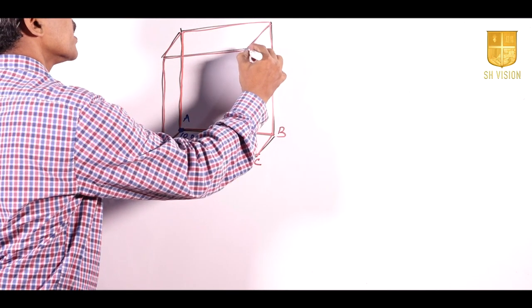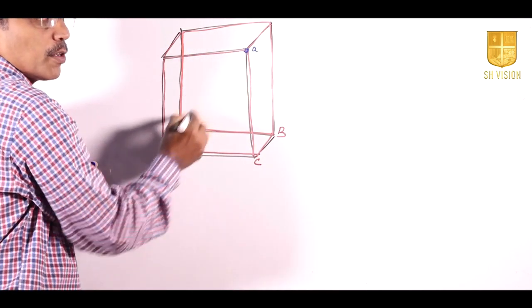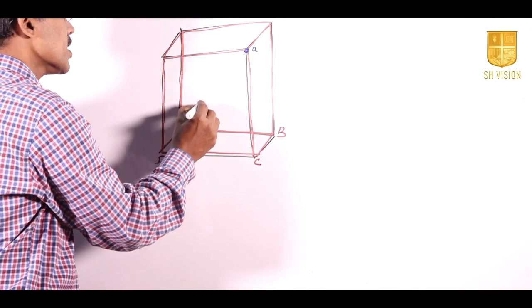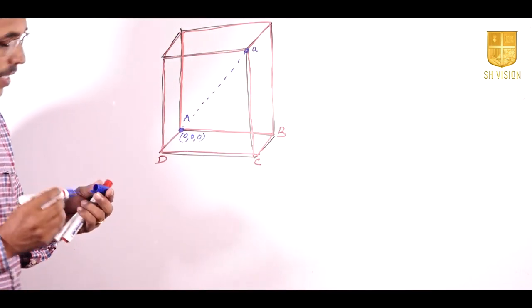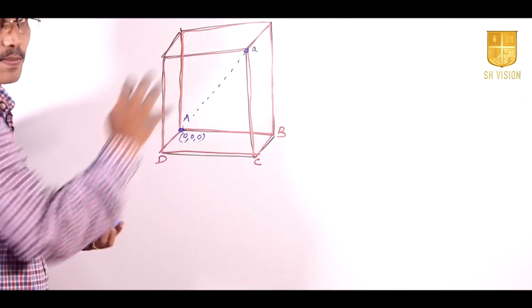This point I call small a. So this A to a is a body diagonal. Along this body diagonal, suppose we push one of the cubes.